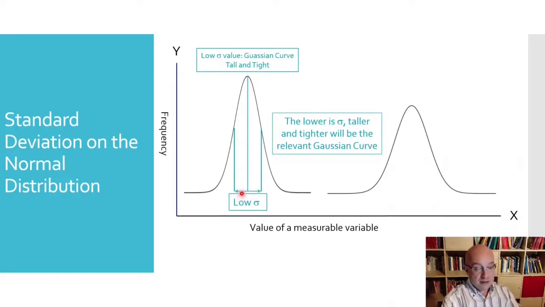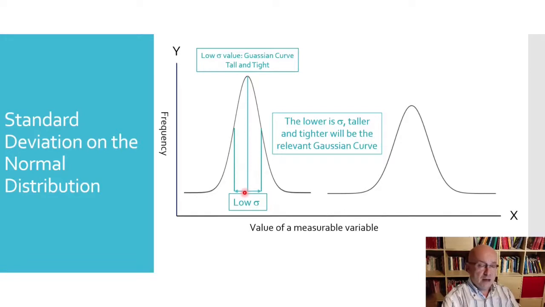So it means that all of the data, in this case an infinite number of data, most of the data are around the mean. So there is a lot of values around the mean, and a lot of values around the mean means that the frequency is high. So the curve is high, okay, because of the high frequency of a lot of numbers around the mean, and it's tight. Why is it tight?